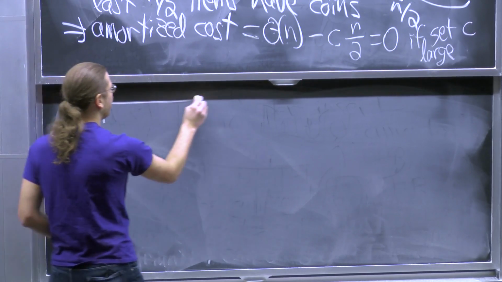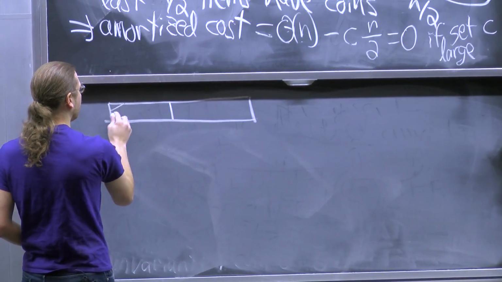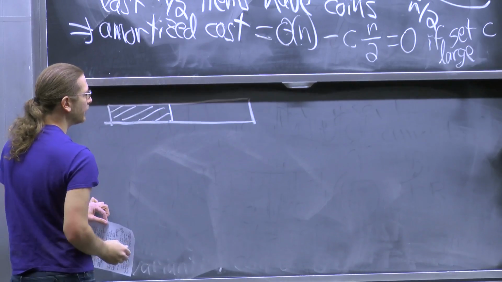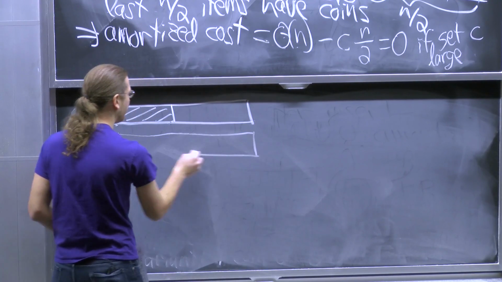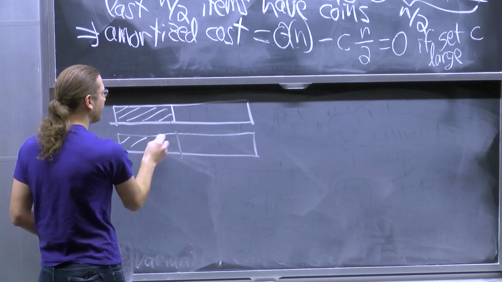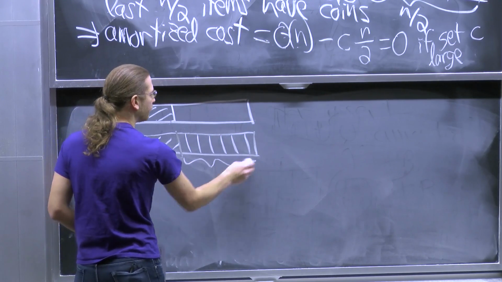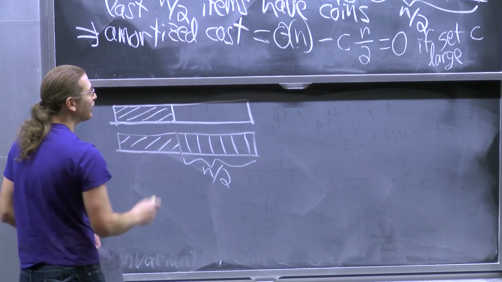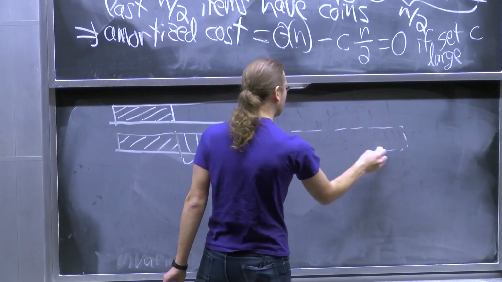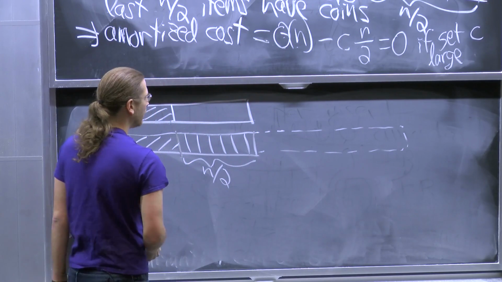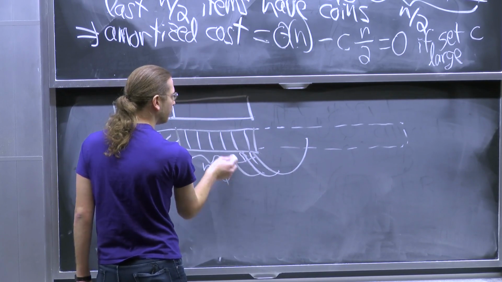It's going to be pretty much the same. After I doubled the table, my array is half full. And again, insertion only, although we'll do insertion and deletion in a moment. In order to get from half full to completely full, I have to do n over 2 insertions.